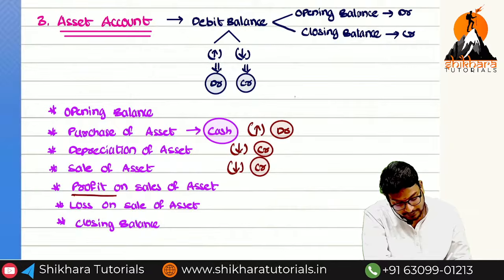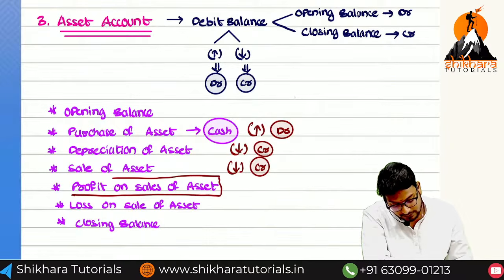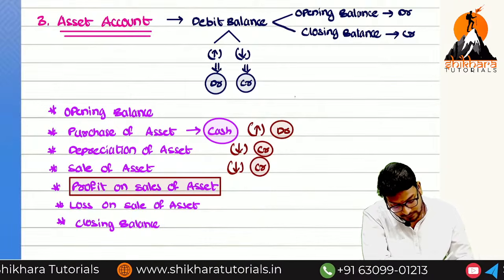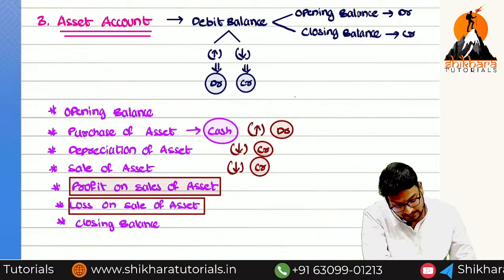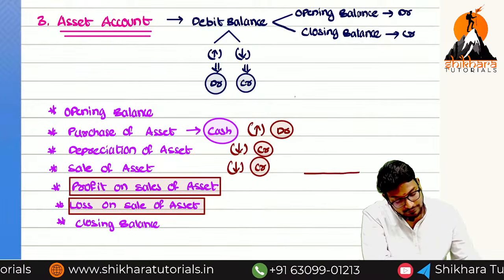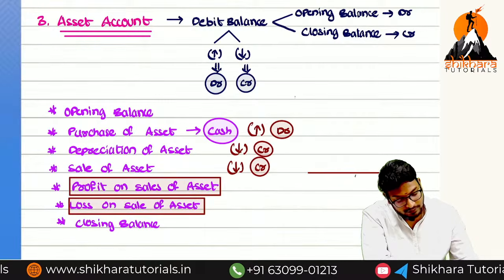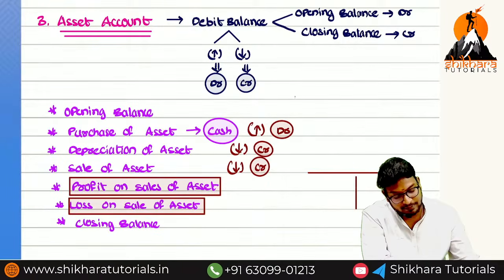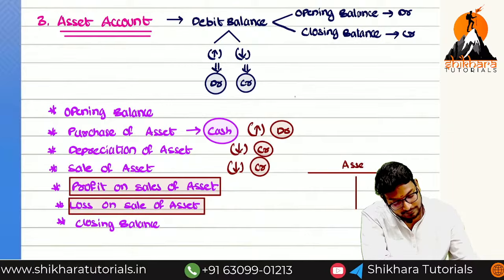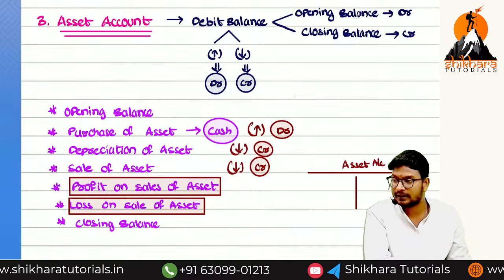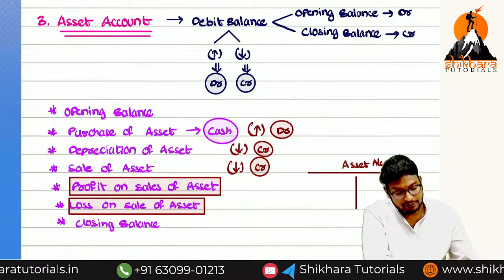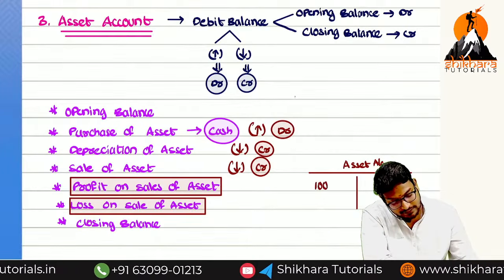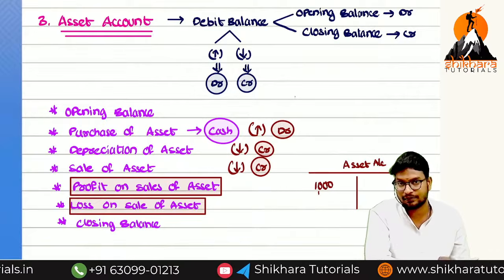Now we have to understand profit on sale of asset and loss on sale of asset. Imagine a particular account, which is an asset account. If you purchase, which side do we record? We record on the debit side. For example, 1000 rupees is the asset value.